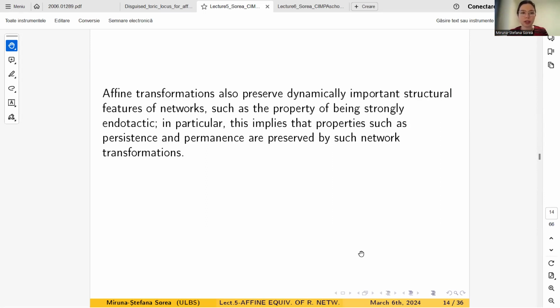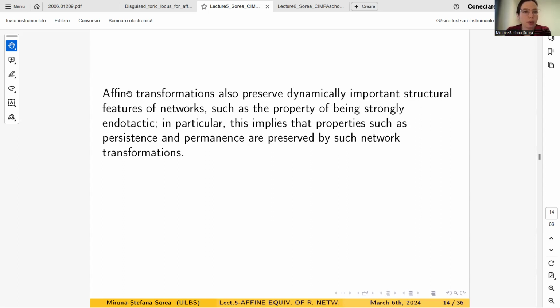And strongly endotactic has one more condition. For now, let's not go into details, but these networks are known, and some references are in our paper. You can read some more of the dynamical significance of being strongly endotactic.